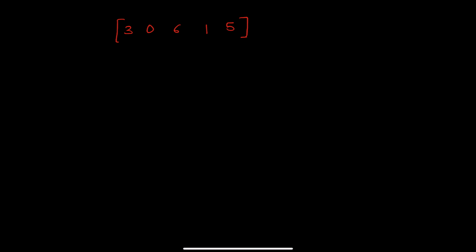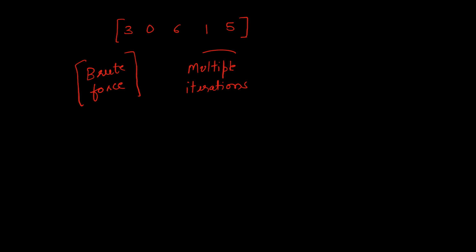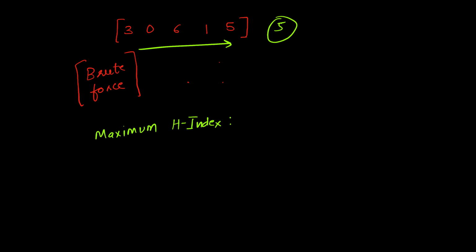One of the simplest approaches to solve this problem is brute force, where we'll run multiple iterations to look for papers that match a certain H-index. As there are a total of 5 entries in the input collection, the maximum H-index can be 5. As we know the expected range of output, we can run an iteration with different combinations of H-index and look for the total number of papers in the input collection that match that expectation.